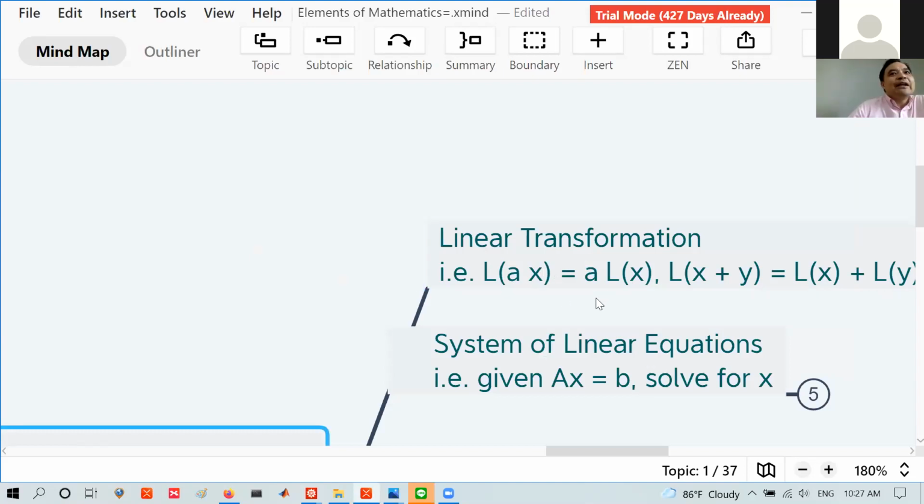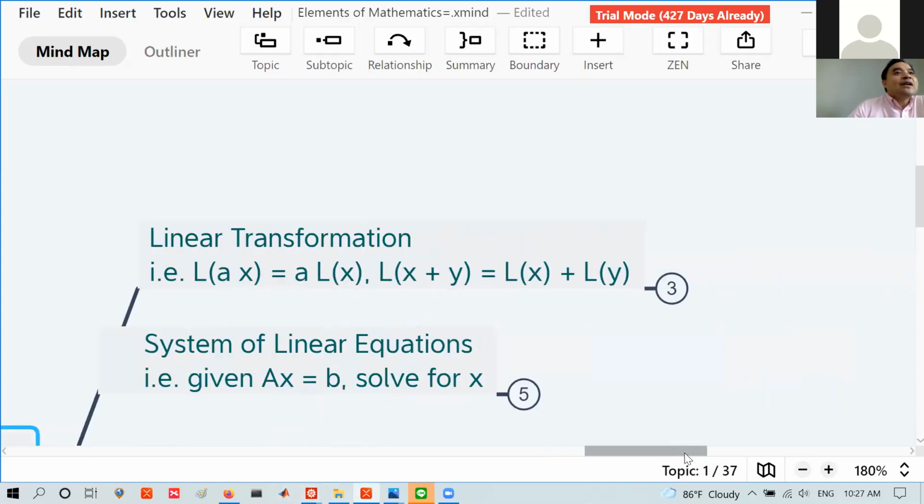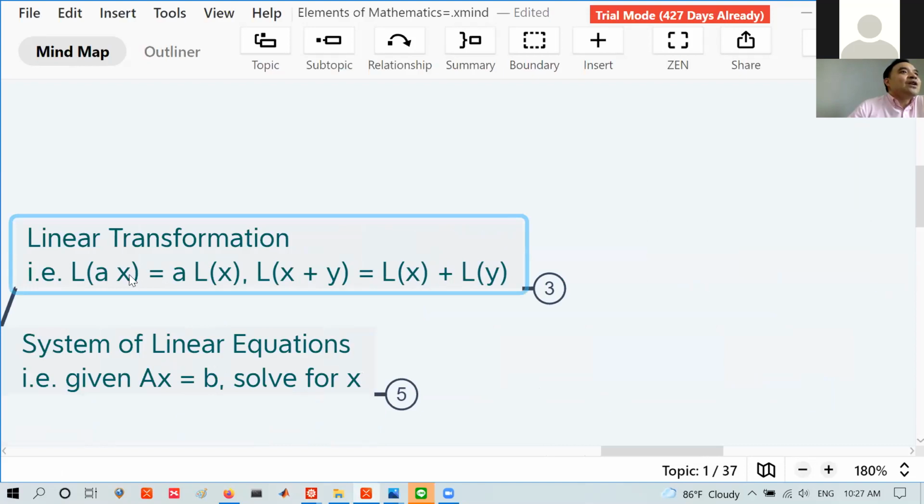We show you how that's done. But the essence of linear transformation is quite simple. If you perform a transformation of something x, and that x has been scaled first by a factor a, it's the same thing as performing that transformation and then scaling it later. So it doesn't matter. You can scale it first and perform the transformation, or you can do the transformation and then scale it.